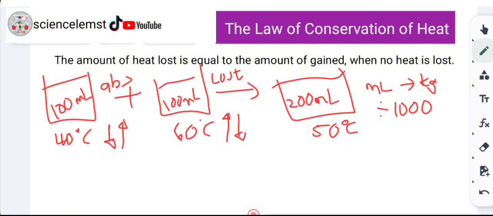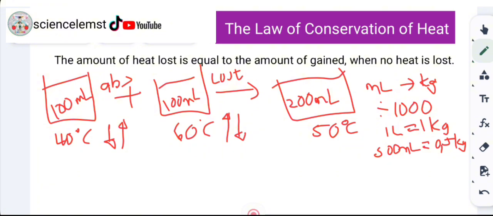Please keep that in mind. Because what do we know? We know that 1 liter is equal to 1 kilogram. And we know that 500 milliliters is half of a kilogram, which is 0.5 kilogram.